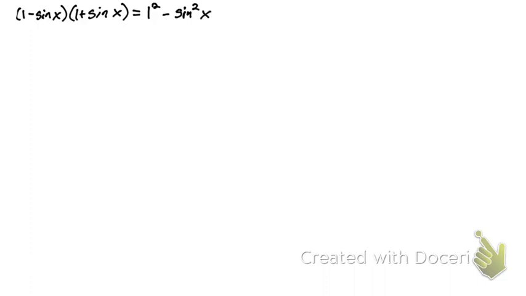This is one more of those cases where you write sine squared plus cosine squared equals 1. To get 1 minus sine squared, we'd have to subtract sine squared from both sides. So you'd have cosine squared equals 1 minus sine squared. This is just to help me.